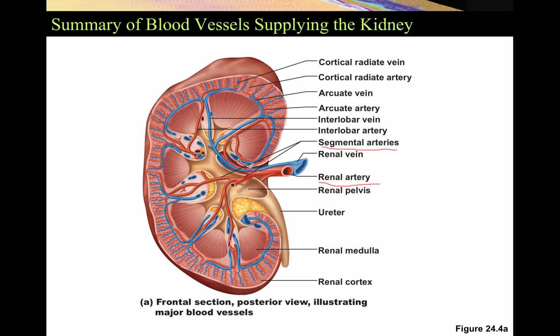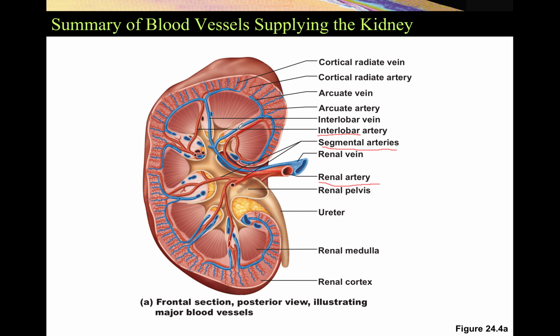And the segmental artery, if you continue it, is going to go between each of the pyramids. So the branching we see right here is referred to as the interlobal artery. Think about each of the pyramids as lobes, and it goes between each of these pyramids, hence the name interlobal artery.